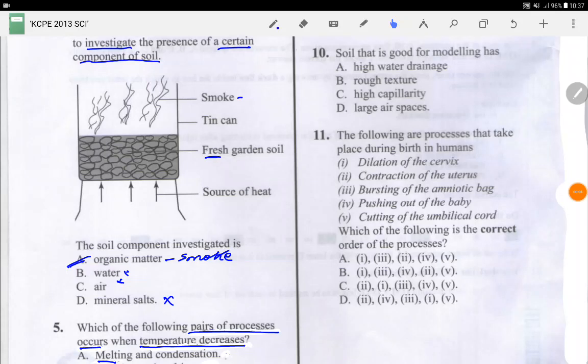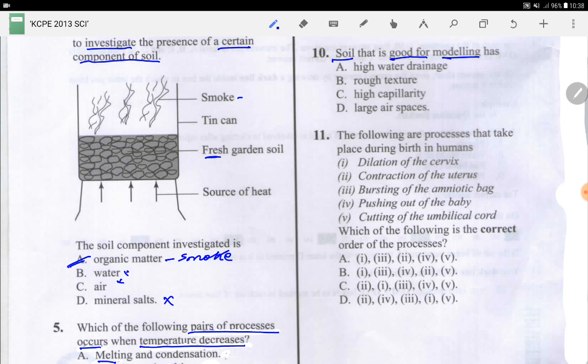Question 10. The soil that is good for modeling has underline the following words. Soil good for modeling. From the words given in the question, I ask myself, which soil is used for modeling?